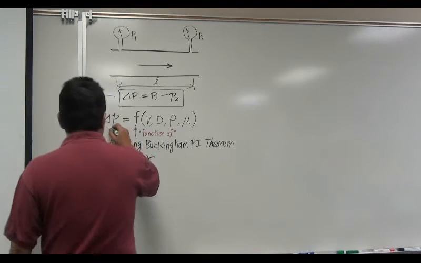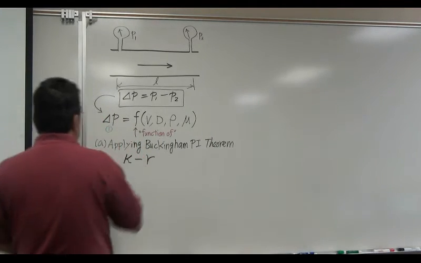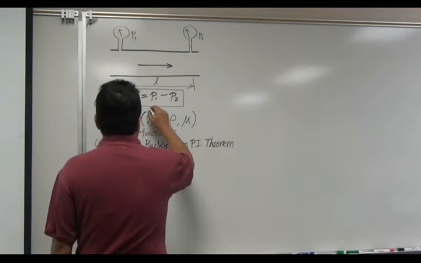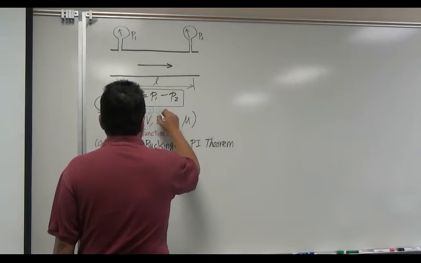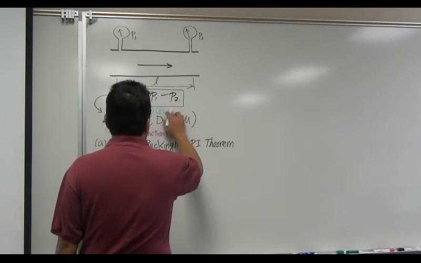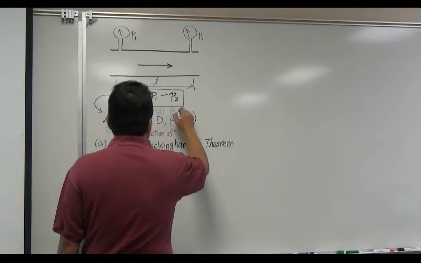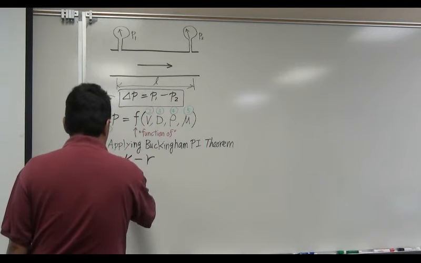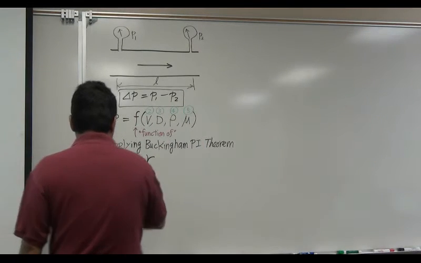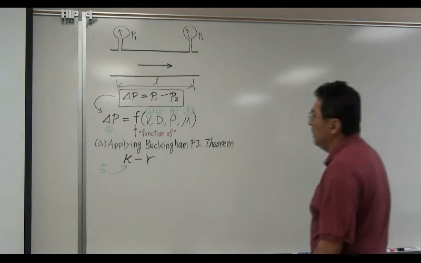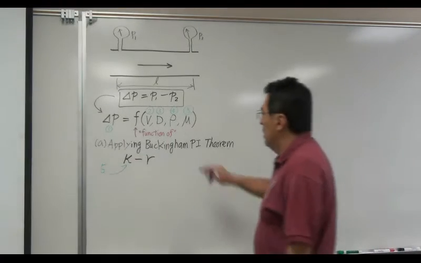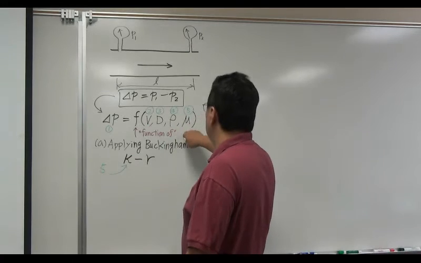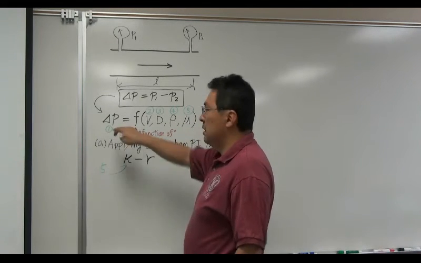So K, let's count. Delta P is one of the independent variables. Velocity, diameter, density, and viscosity. Those are 5 independent dimensioned variables used. Those are the 5 variables used to describe this original problem.